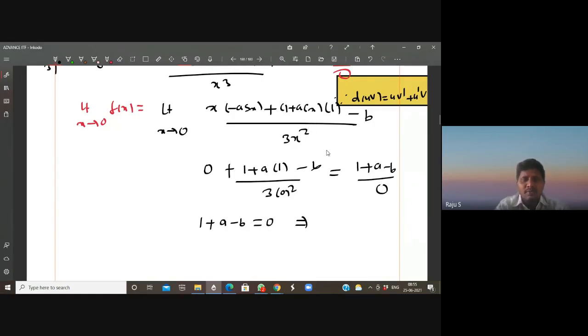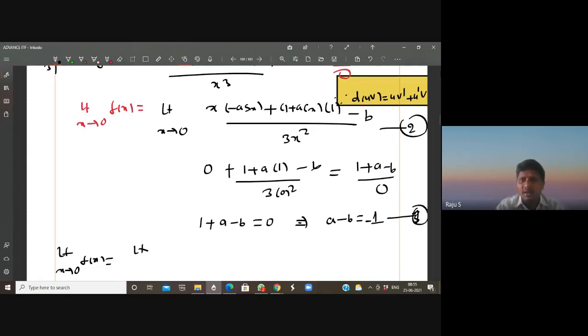Again, second time after differentiating also we are going to get 0 by 0. For that, what to do? Again differentiate. Let us take this as equation 2 and differentiate again. So limit x tends to 0 f of x is clearly equal to the limit. Let us take 1 plus a minus b as 0, which implies a minus b is equal to minus 1. Sorry, this is equation 3.